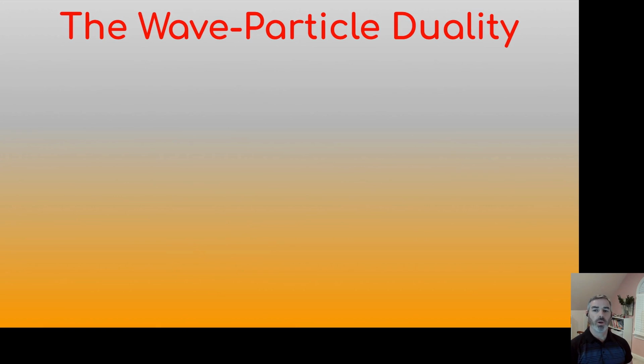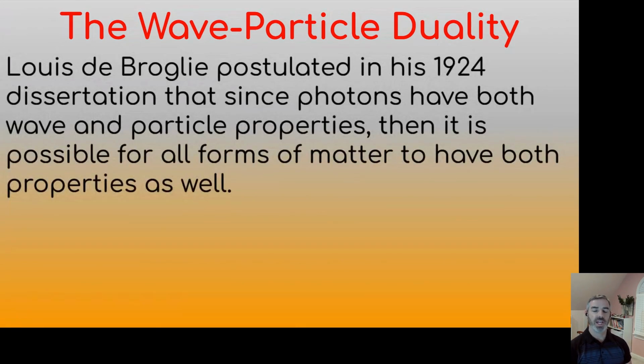Now, Louis de Broglie postulated in his dissertation in 1924 that photons, since they have both wave and particle properties, then it's possible for all forms of matter to have both properties as well. So using wavelength equals Planck's constant divided by momentum, we know that if it's matter, that momentum is just going to equal mass times velocity.